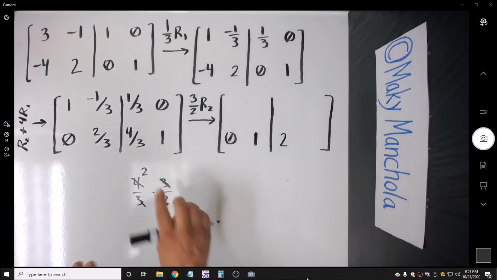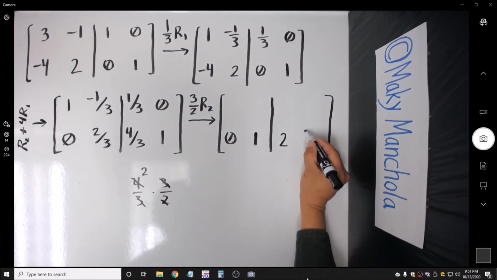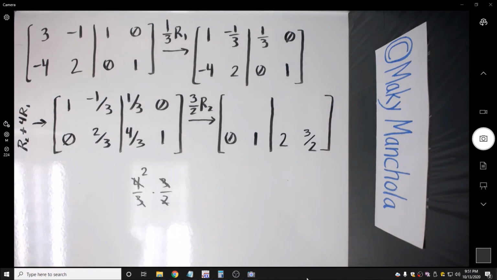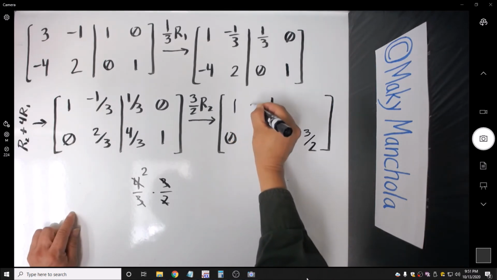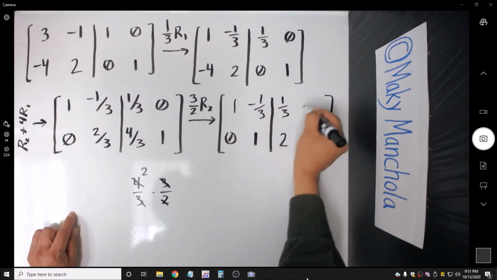And finally, 1 times 3/2 is 3/2. Everything else remains unchanged. We have this.